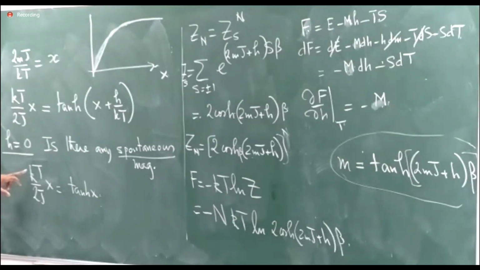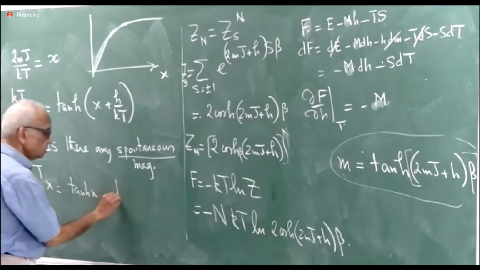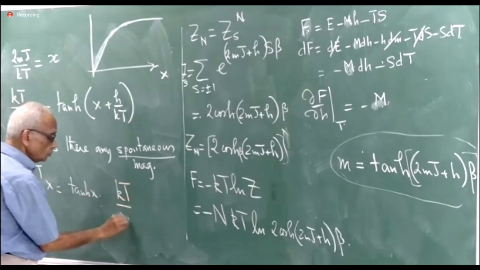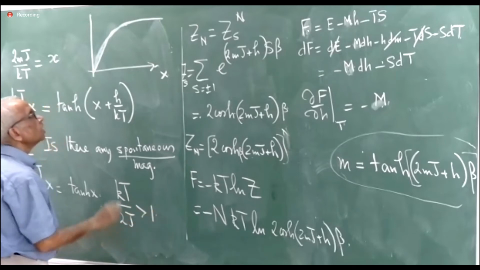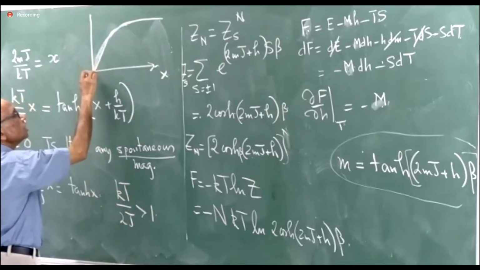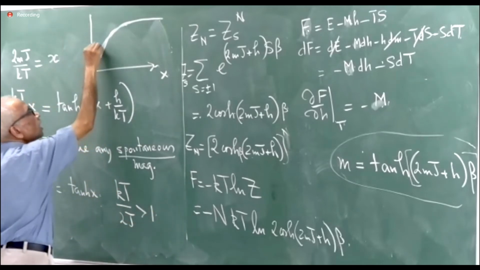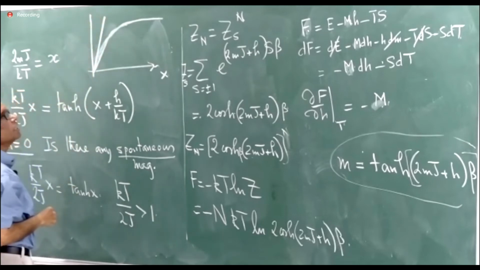The left-hand side depends upon the temperature. So if kT over 2J is greater than 1, then the slope is greater than 1 over here, and the curve is going to look like this.